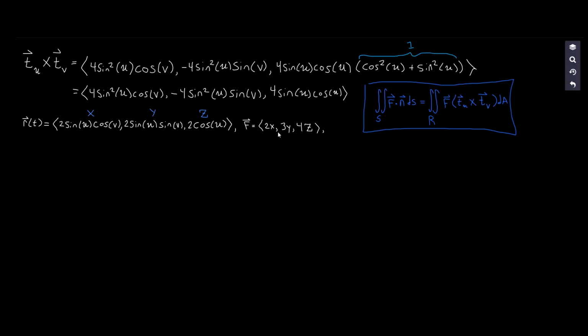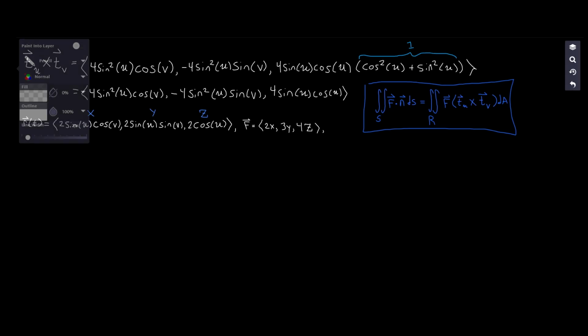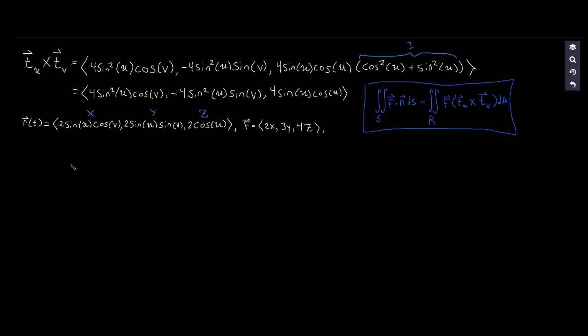Now we can change our vector f before we dot it, if that makes sense. And if it doesn't, that's fine, because we're gonna work through this and hopefully it will make sense. That's the plan. So we need to put this thing together, right? We need to plug this into that.